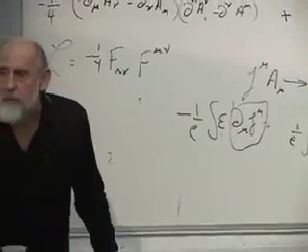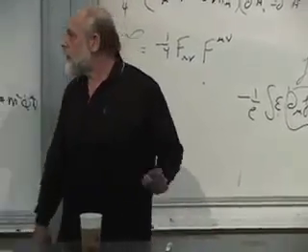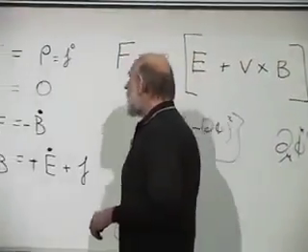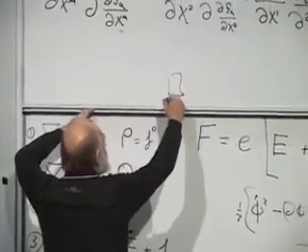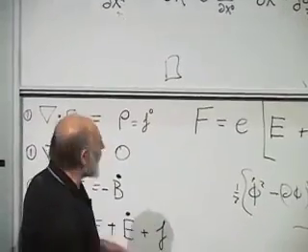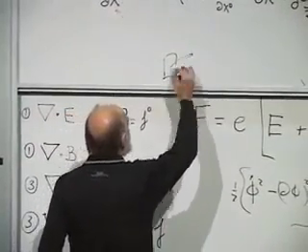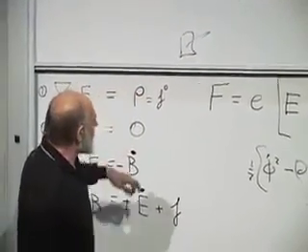That's the continuity equation. Remember the continuity equation. It was the equation that said that if the charge changes in a box, the only way it can change is by flowing through the surface of the box.